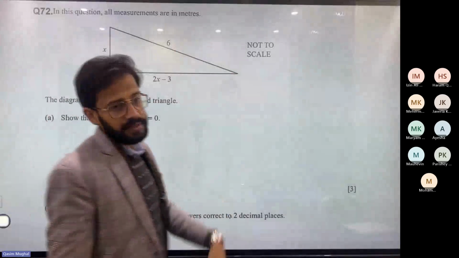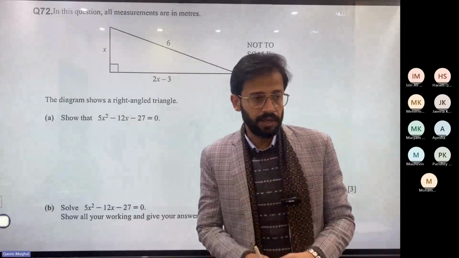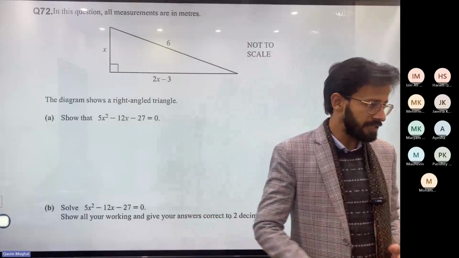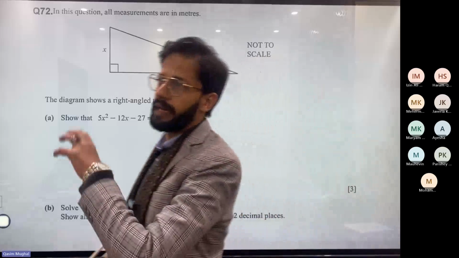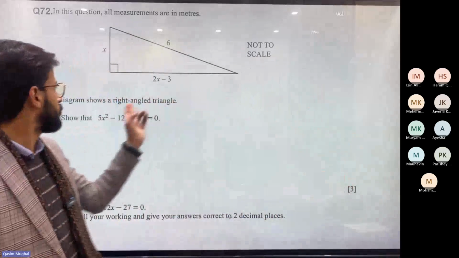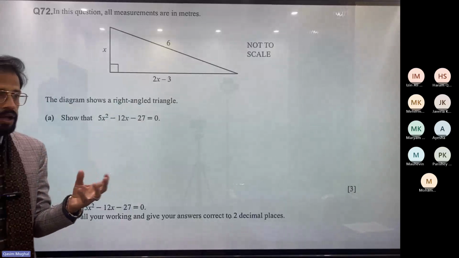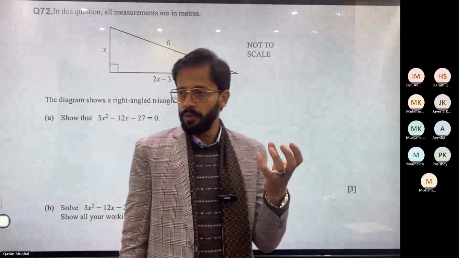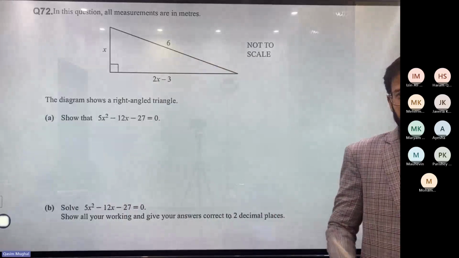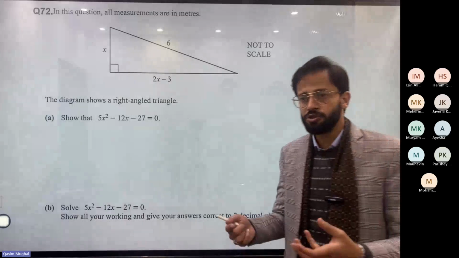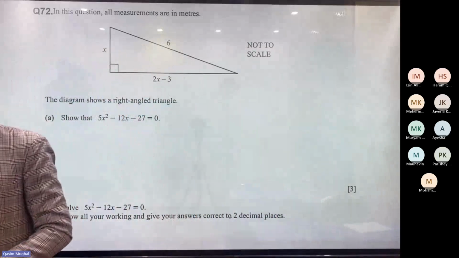Now, what shape is this? Right angled triangle. In a right angle triangle, अभी तक idea होना चाहिए आपको, which relation has squares in it. What equation is the examiner expecting? Quadratic, so it has a square in it. Which formula of a right angle triangle has squares in it by default? Pythagoras theorem.